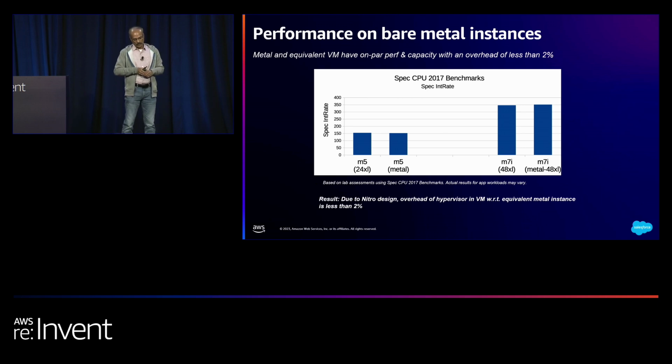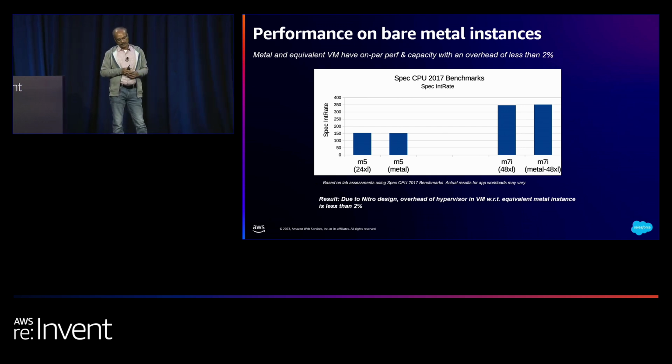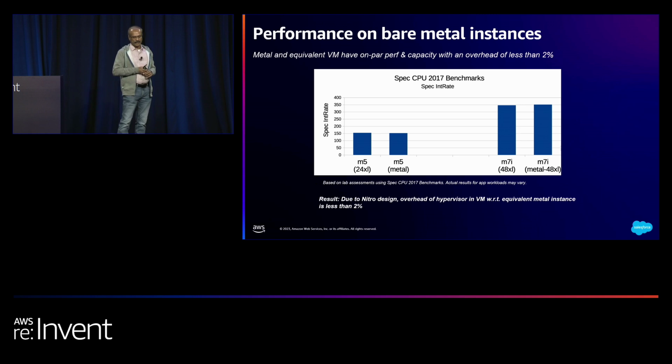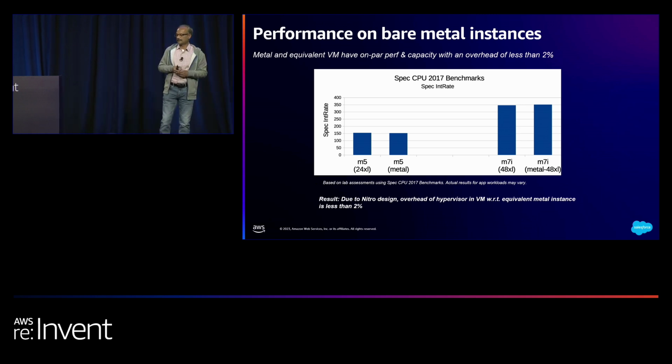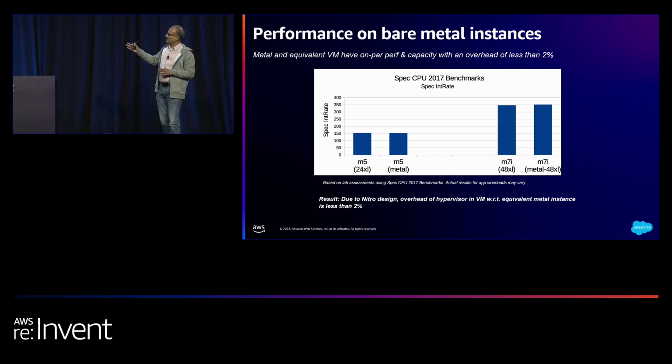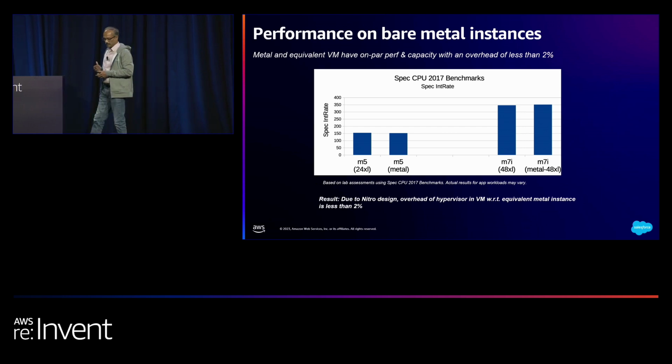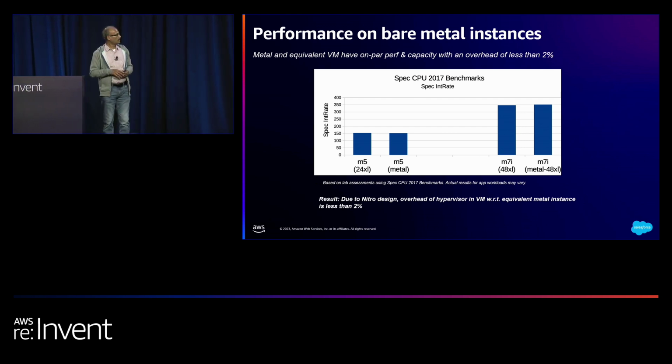And similarly, when we experimented with the M7i.48XL and the equivalent M7i.48XL Metal, we again found a very similar trend, that both of them show on-par performance. That is another data point to support what Sudeep was saying, that the hypervisor is so light that it really does not have any performance impact. So with that, here's back to Sudeep.